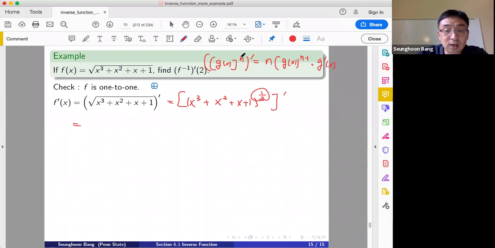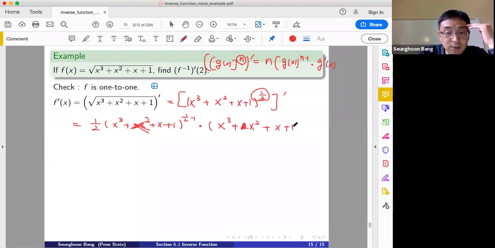So what does it mean? The 1 over 2 is the n coming down. 1 over 2 times x cubed plus x squared plus x plus 1 to the power 1 over 2 minus 1, times the inner function prime. Sorry, this is x squared, not 2x, sorry about that.